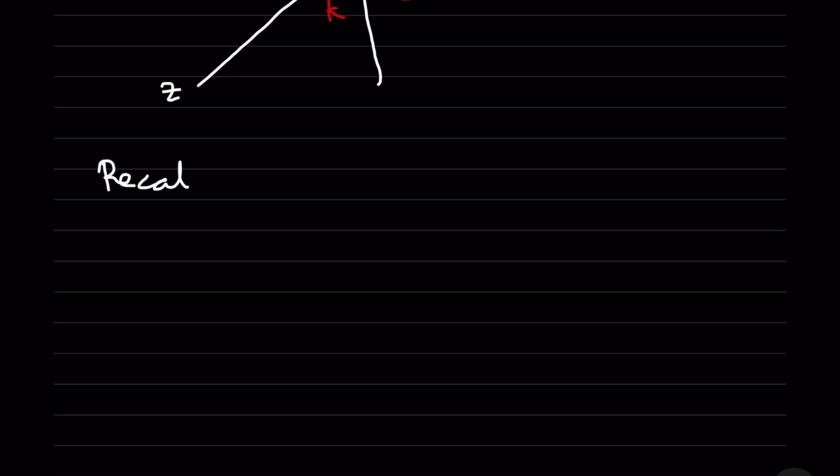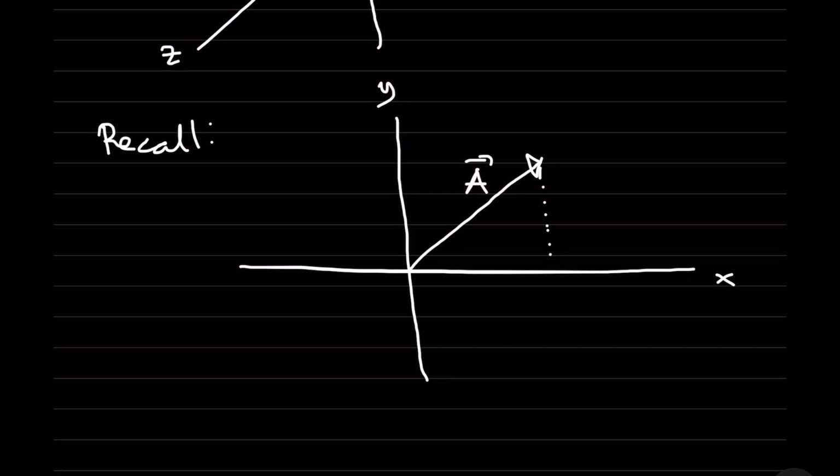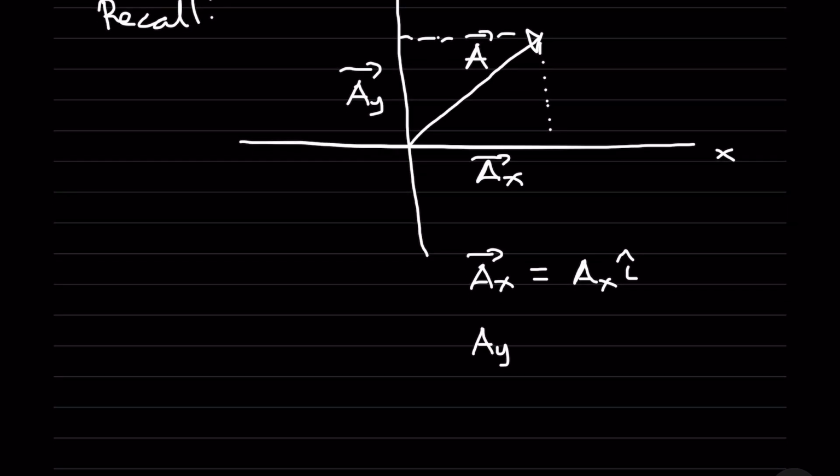Let us see how we can write the components of a vector using the unit vectors. So suppose we have vector A that has two components. The x and y components are also vectors. The x component, Ax, has magnitude of Ax.